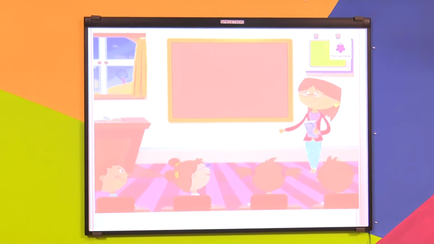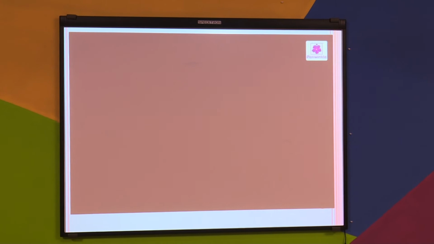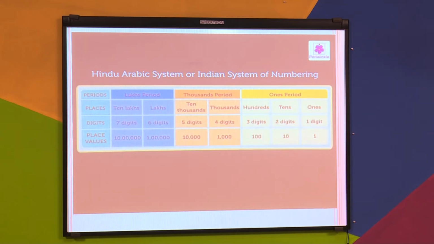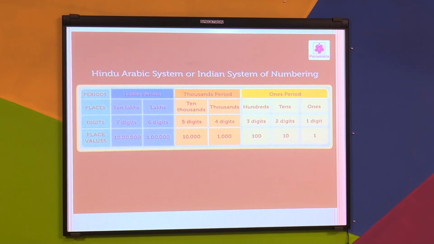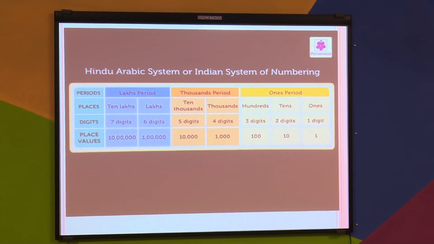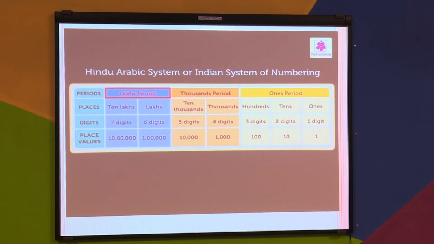Hello kids! Today we will learn about the Hindu-Arabic system, also called the Indian system of numbering. Look at this table. It shows the periods, the places and the place values. The 5-digit numbers are placed in the ones and the thousands periods. The 6 and 7-digit numbers are placed in the ones period, the thousands period and the lakhs period.